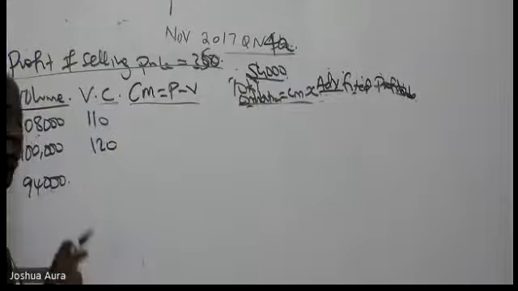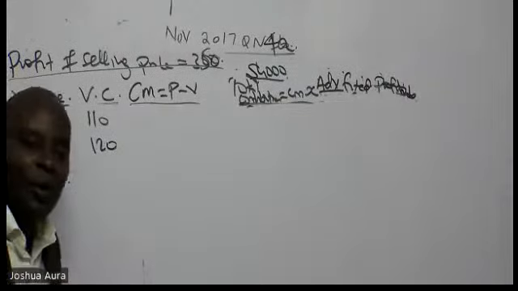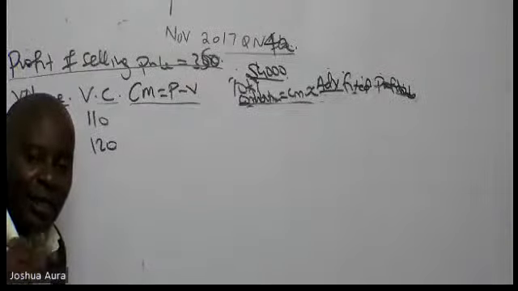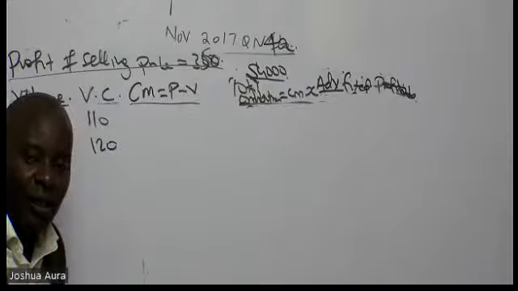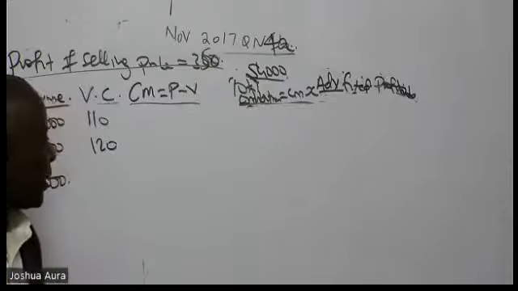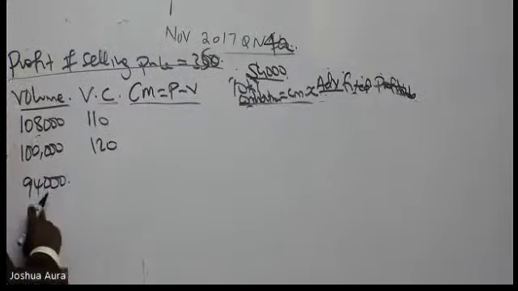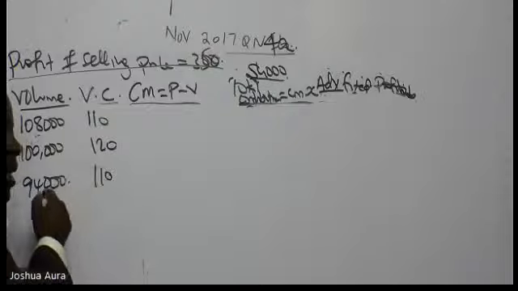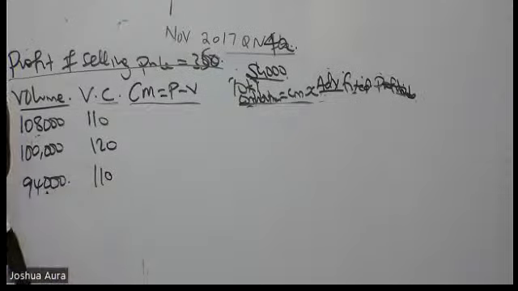So how about this 94,000? What variable cost should I use for 94,000? I can see it's less than 100,000. All of them are saying 120.